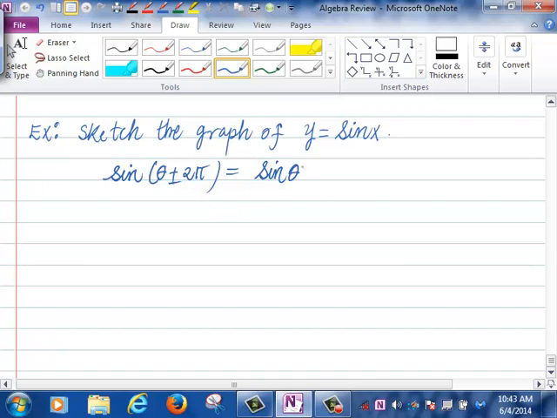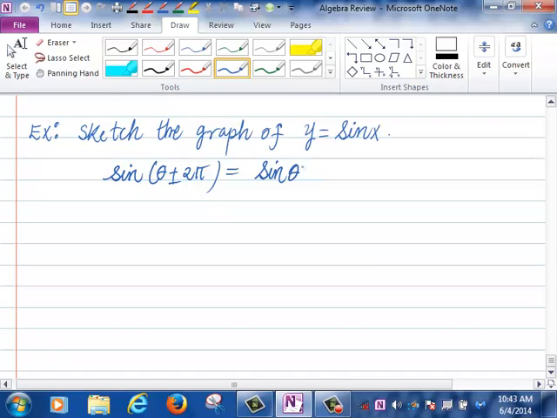So it means that in terms of graph, if I know the graph of sine between 0 and 2 pi, I know the graph of sine everywhere, because all I have to do is repeat that in both directions. Okay? Repeat that in both directions.